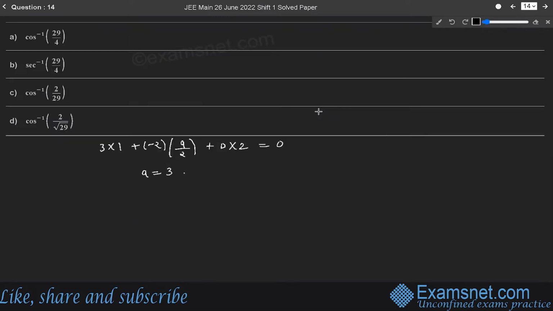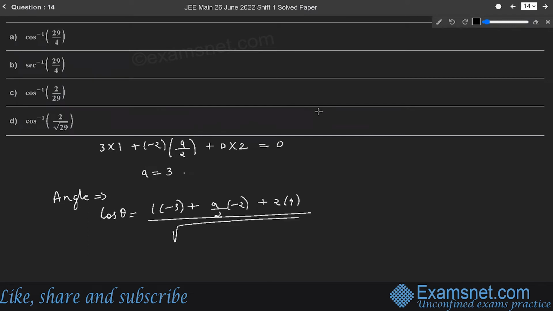Now, the angle between L2 and L3 will be cos θ equal to (1 × (-3) + (a/2) × (-2) + 2 × 4) divided by √(1 + a²/4 + 4) × √(9 + 4 + 16).